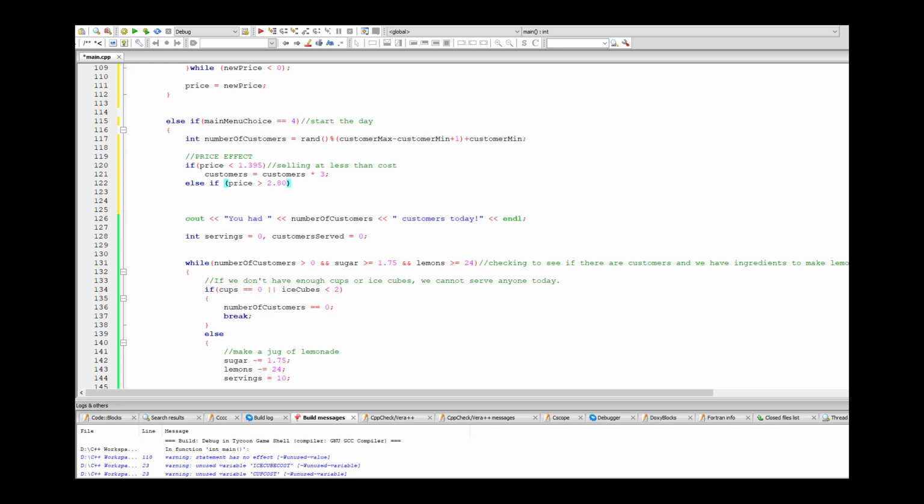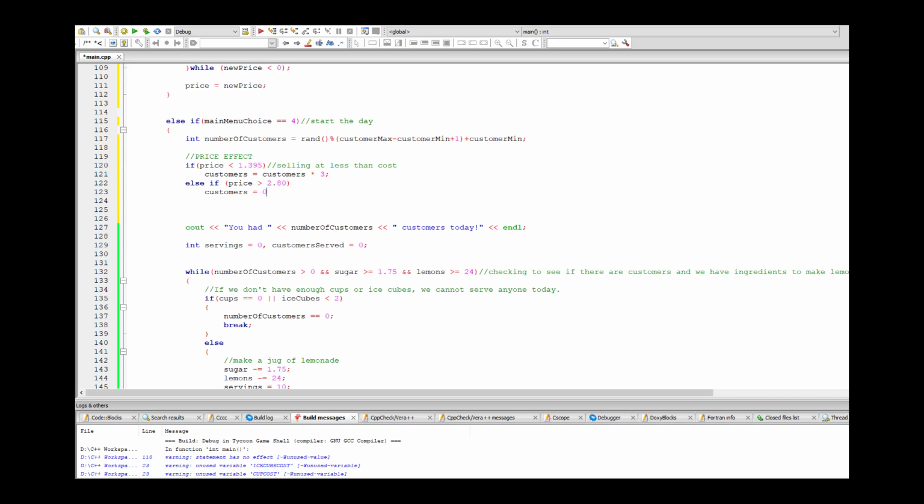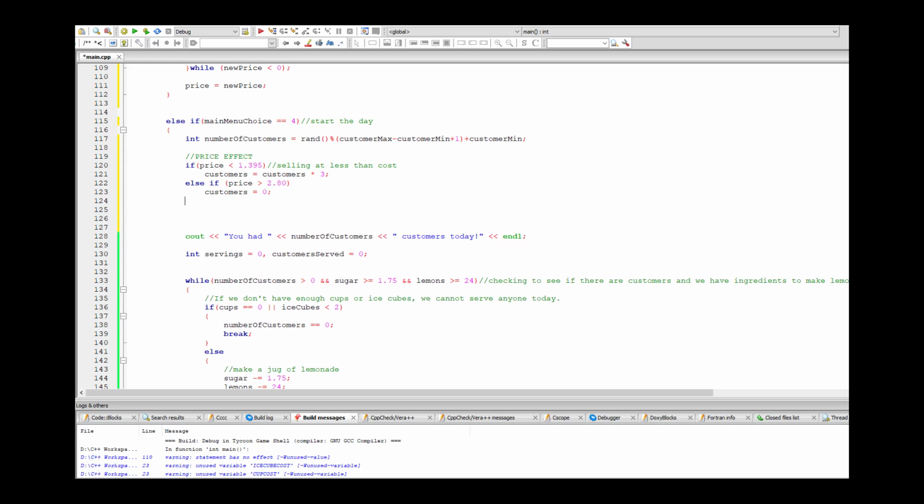So meaning they've more than doubled the profit on it. And so then what we'll do is we'll say the customers is equal to 0.